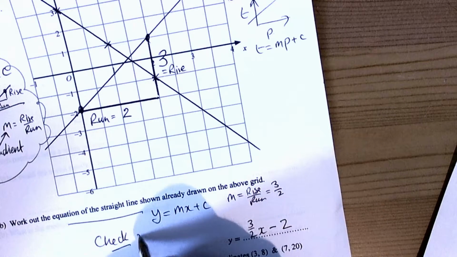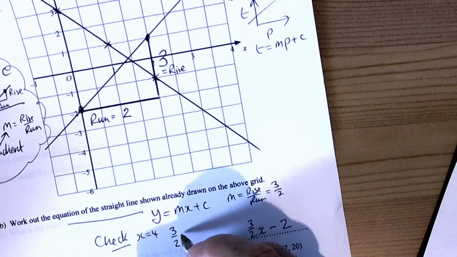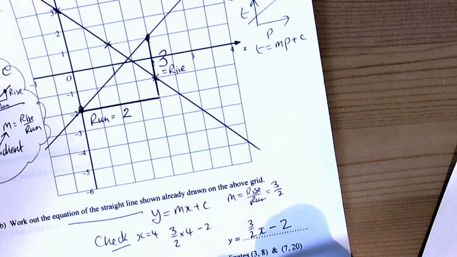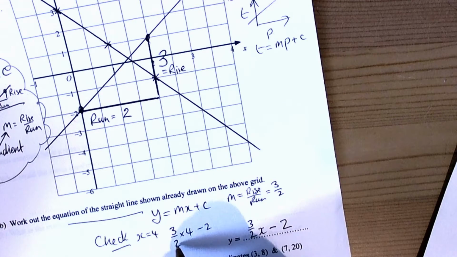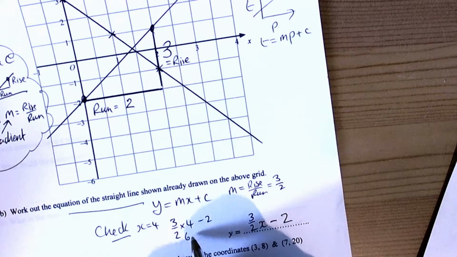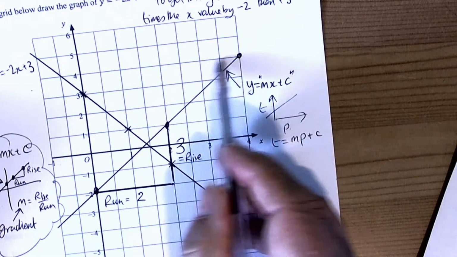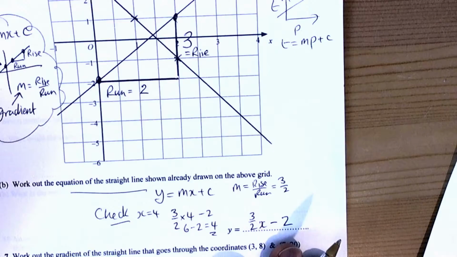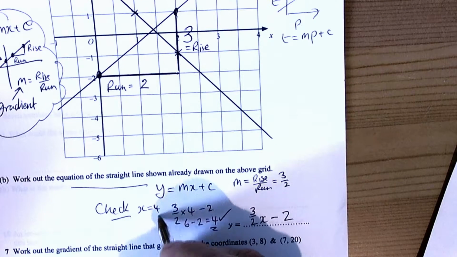We're doing 3 over 2 times 4, and then we take away 2. 3 over 2 is 1.5. 1.5 times 4 is 6. 6 take away 2 is 4. And we saw on the graph that the y number was 4, so our check worked.